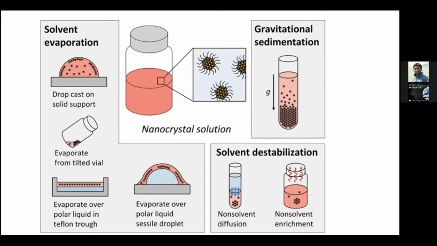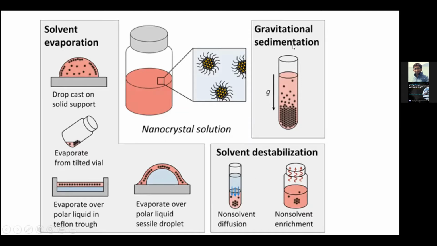When the solution evaporates, it floats on the surface of the polar solvent, like ethylene glycol, and you can just collect the film. It's kind of a one or two monolayer film. It's not a common technique, but sometimes people do it for technical purposes.